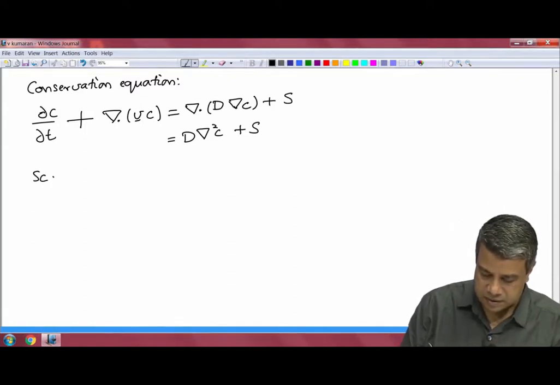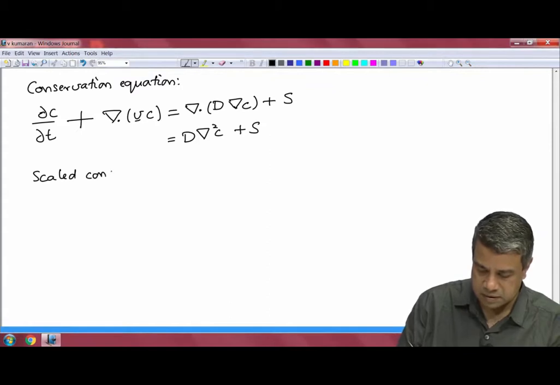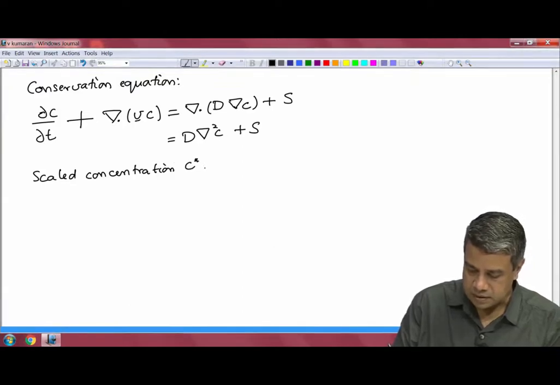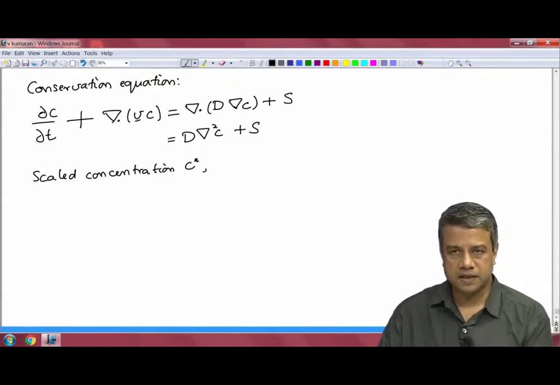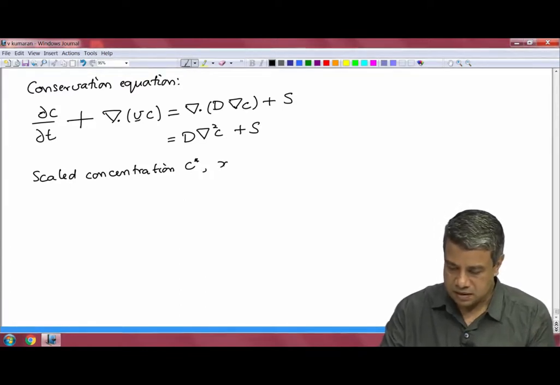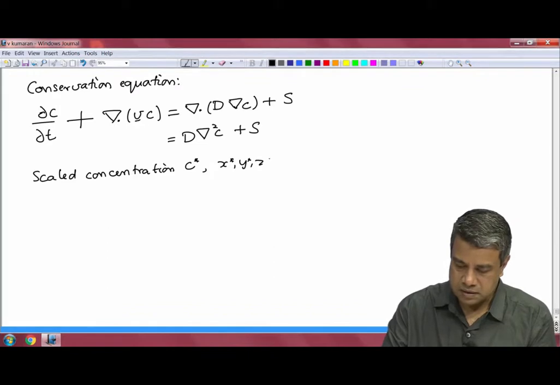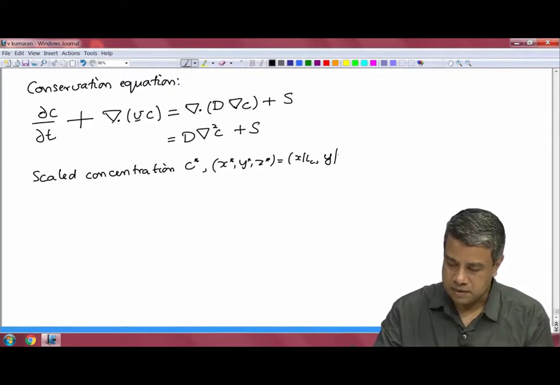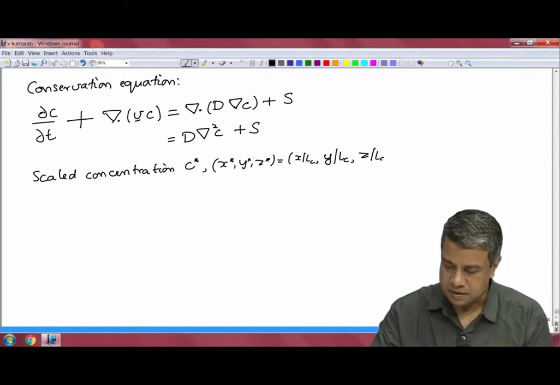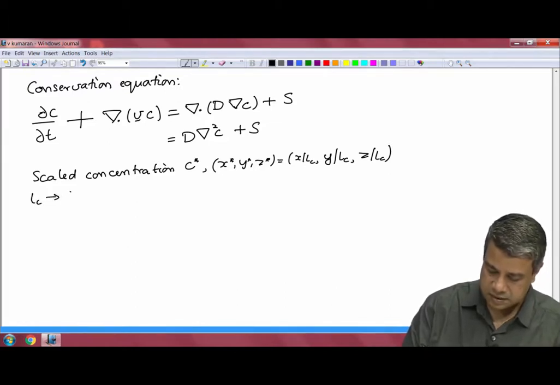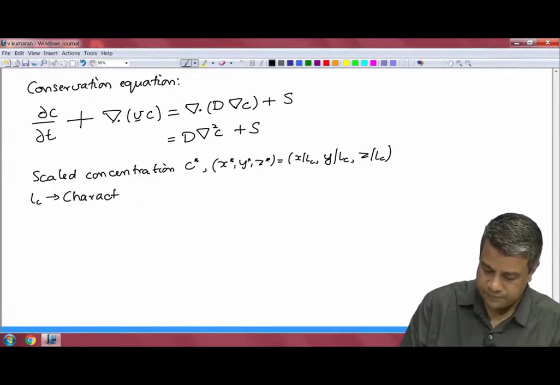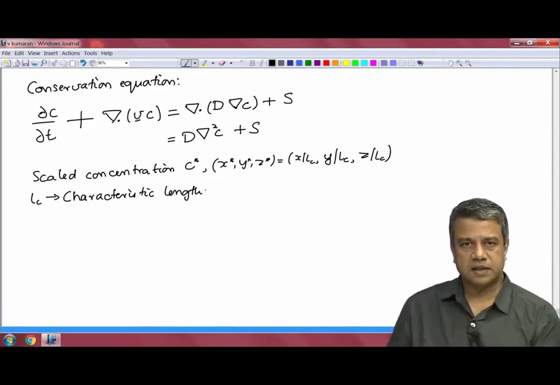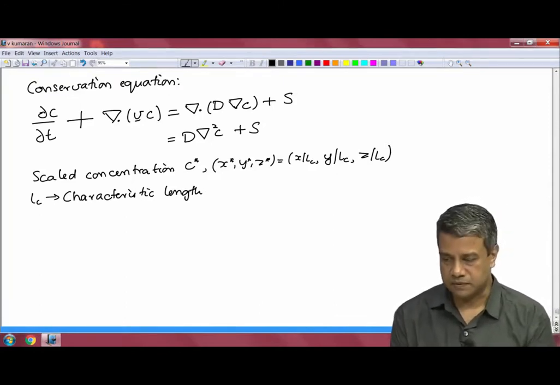We have defined a scaled concentration C star, and we can also define scaled lengths: x star, y star, z star is equal to x by LC, y by LC, z by LC, where LC is the characteristic length.